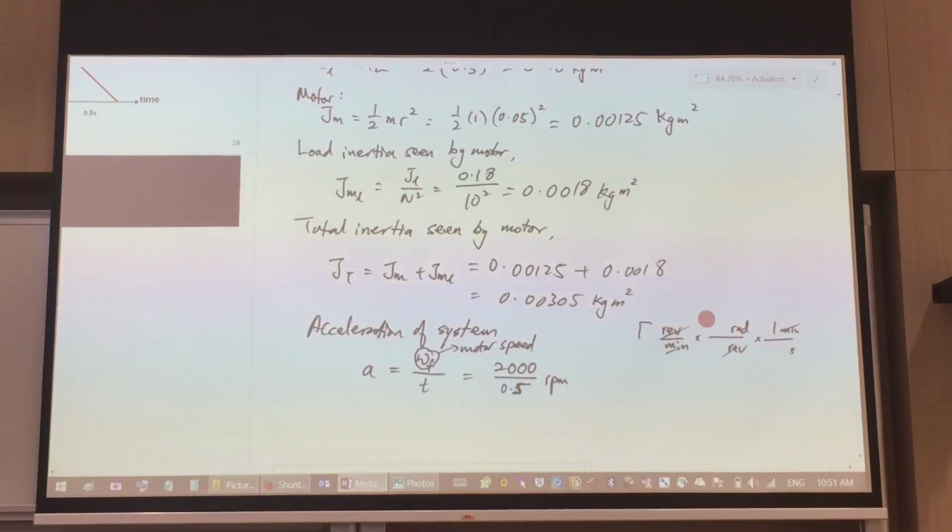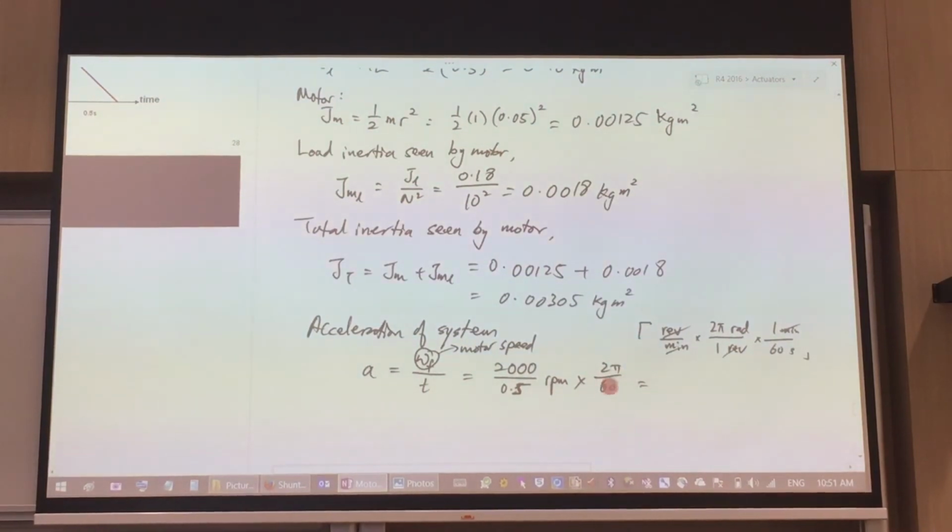Revolution and revolution will cancel. So what I want is that 1 revolution is equal to 2 pi, and 1 minute is equal to 60 seconds. So I have this factor, 2 pi divided by 60. That's how I go about doing my units conversion.